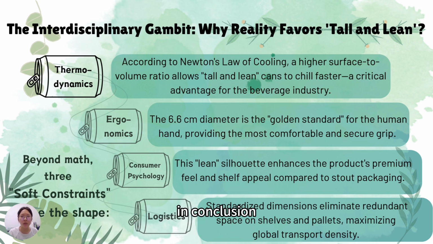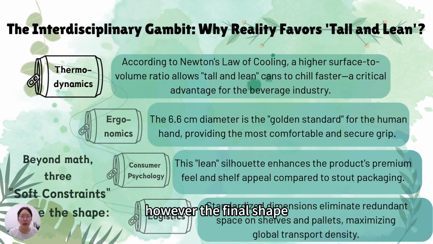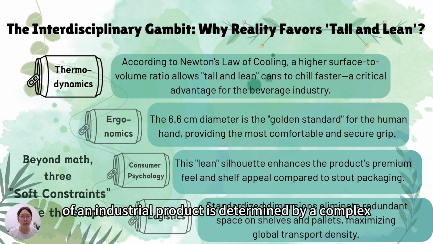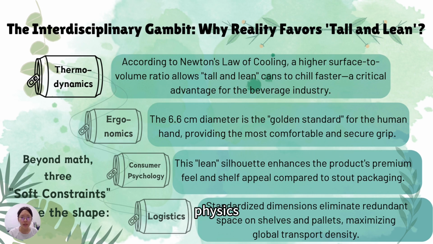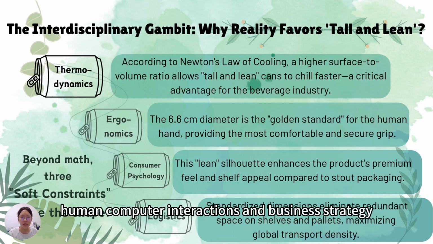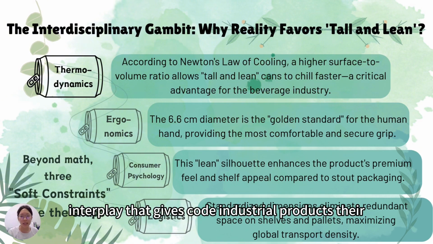In conclusion, through this exploration, we see that mathematics provides the bottom line for costing engineering design. However, the final shape of an industrial product is determined by a complex, multidimensional game played between manufacturing, physics, human-computer interaction, and business strategy. It is this interplay that gives cold industrial products their final soul.